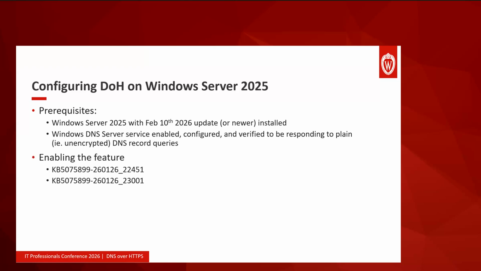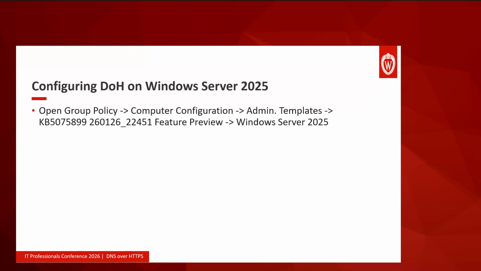And then to enable the feature, you actually have to download these two preview KBs, and you have to install them in order. Essentially what you do is install these two quick little MSI things, reboot.